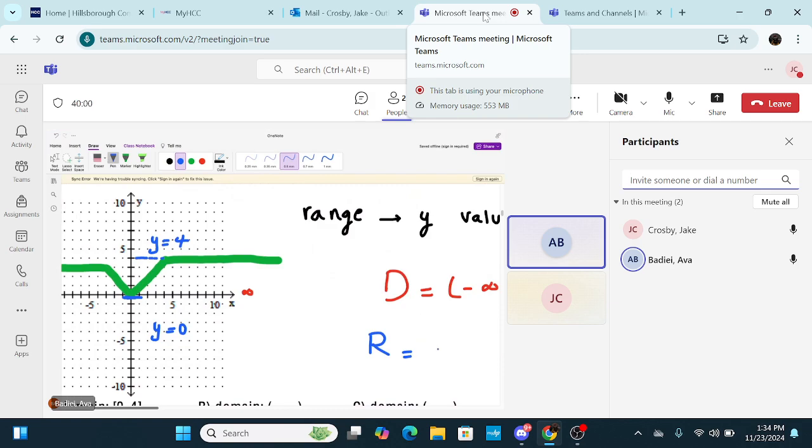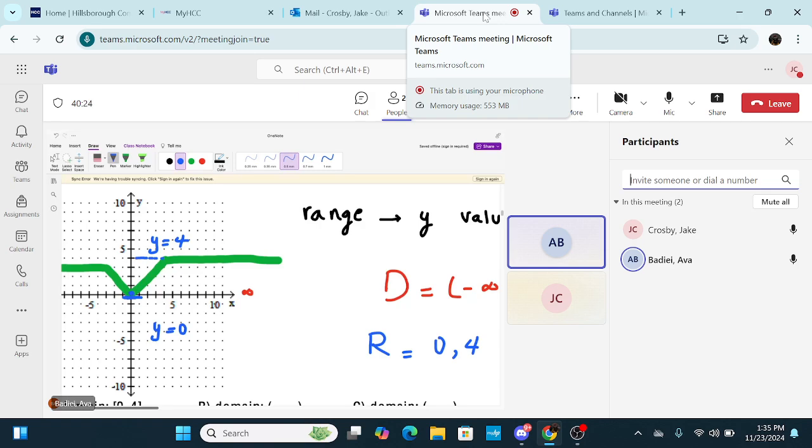So in this case, we always write down the smaller number on the left, the larger number on the right. If I'm going from 0 to 4, I'm going to write 0, comma, 4. Now, the point that has the y of 0 is right here, and we can see that it's a solid point.